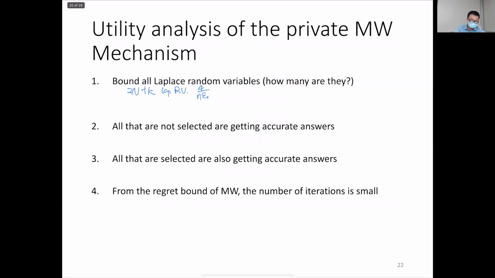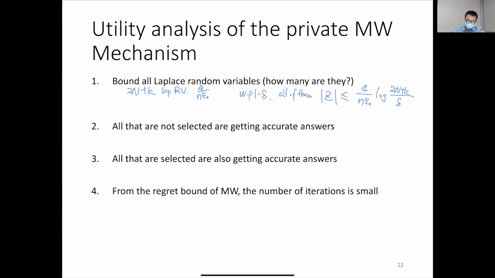So what this says is that with probability 1 minus delta, for all Laplace random variables, let's say this random variable is z, it satisfies that it is smaller than this multiplied with the log of 2n plus k over delta, by union bound, right?